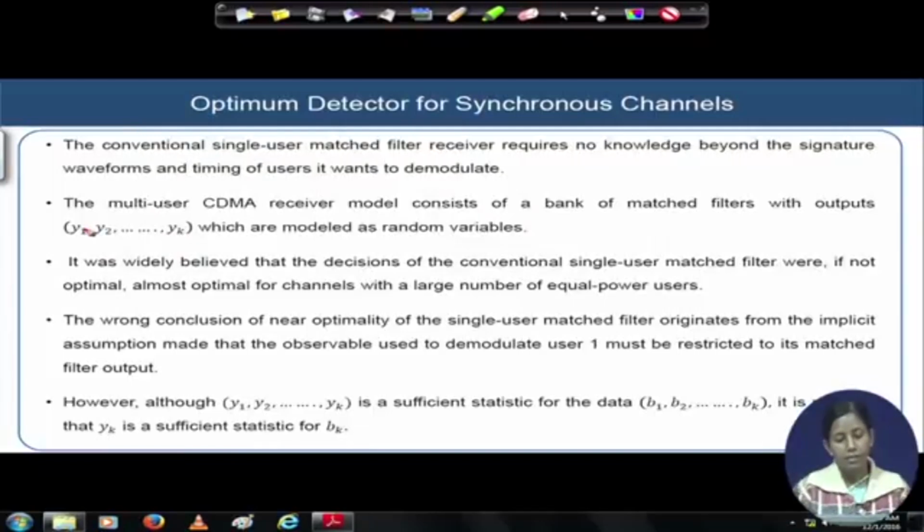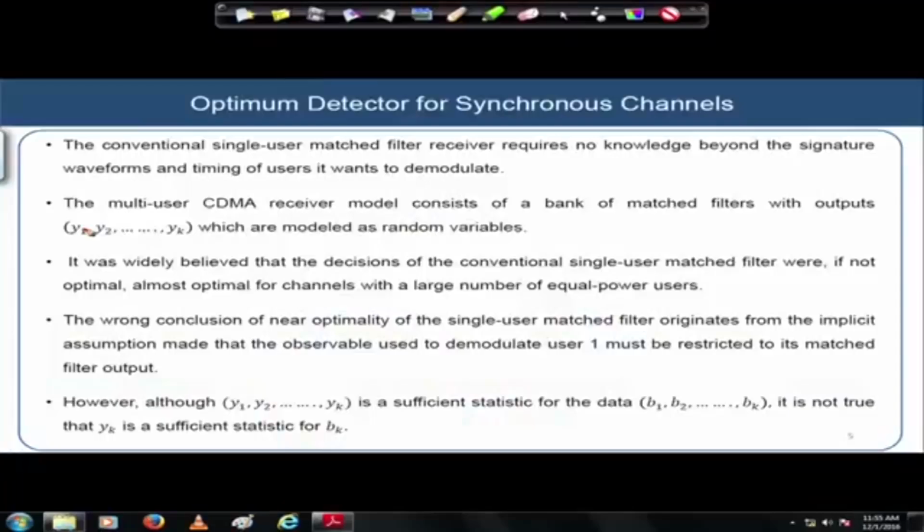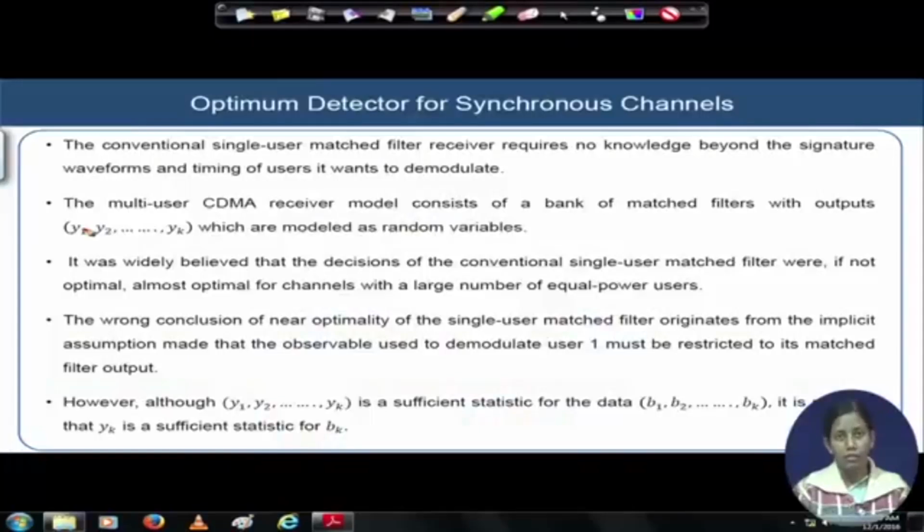Remember, in a CDMA situation where multiple users are on, you also need to know the signature waveforms of all the users for optimum demodulation and detection, and you also need the timing information of all the users.